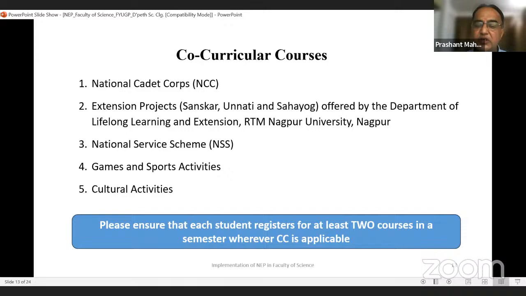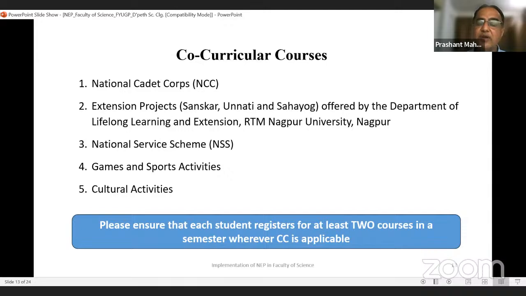If he or she takes a third, and if he or she is running short of marks in the earlier 2 co-curricular activities, he may get the bonus marks. So his total cannot exceed the maximum marks, even if he takes 3 or 4. But if he is running short of some maximum marks, then if he takes a third, he will be awarded the bonus marks for that particular third activity which he has taken out of interest.